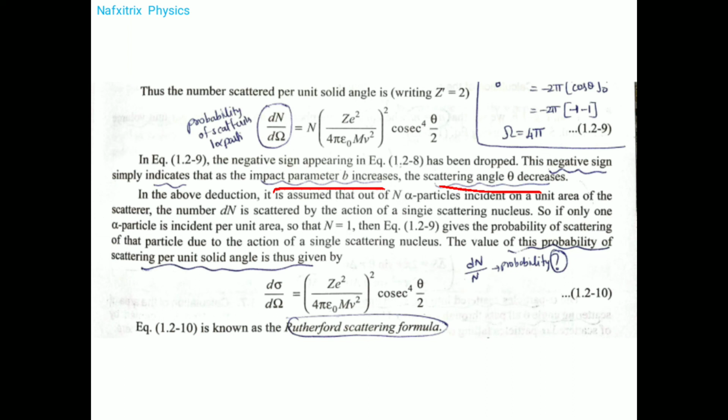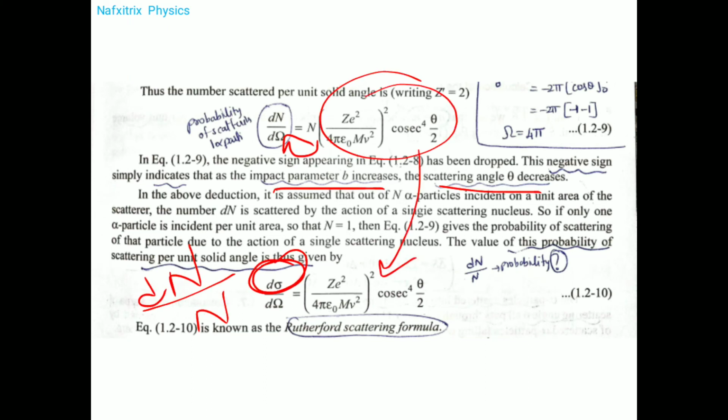So this is the theory, you can read it. If dn by n, so out of n alpha particles, dn alpha particles are scattered, that is nothing but probability. That is indicated with d omega. If we send this n to this side, we would have dn by n, that is nothing but d sigma by d omega, and this entire thing would remain as usual.